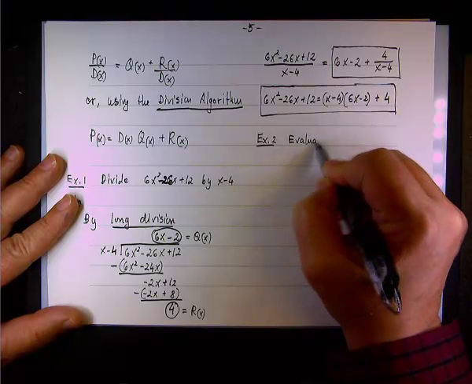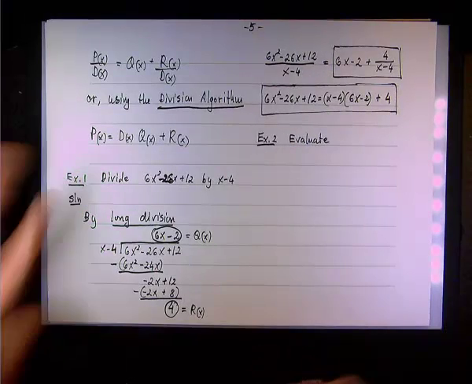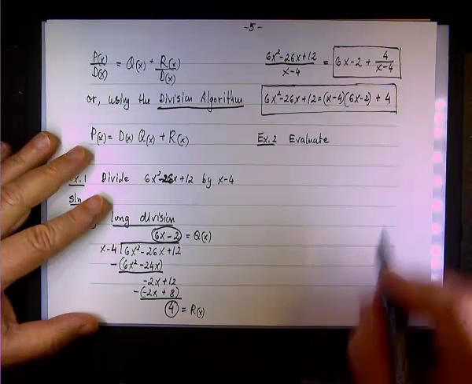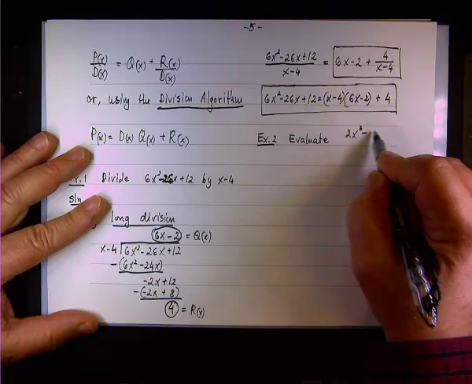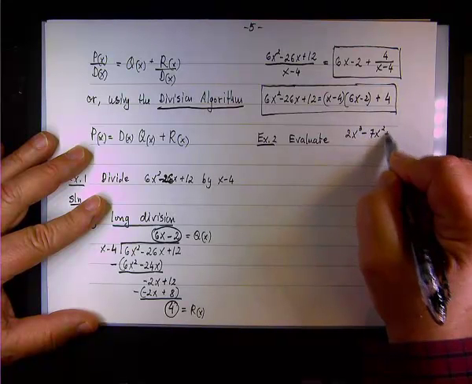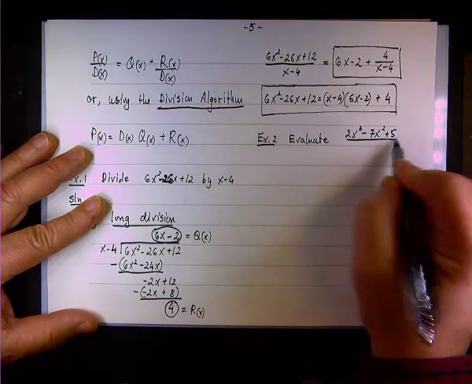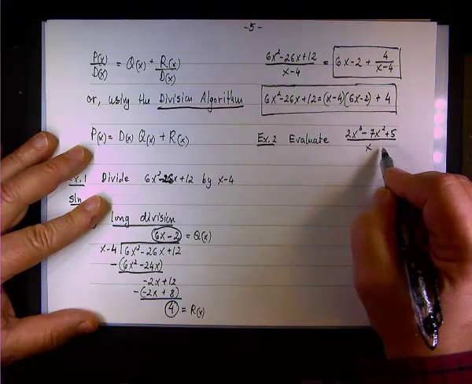Okay, so we want to evaluate the following division of polynomials. We want to evaluate 2x cubed minus 7x squared plus 5 divided by, this time, x minus 3.